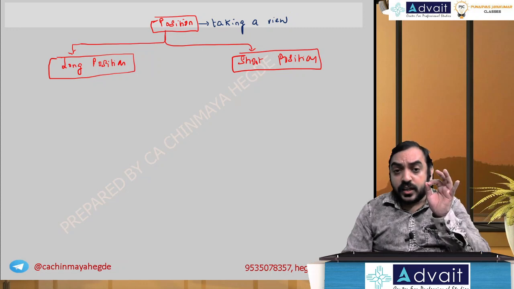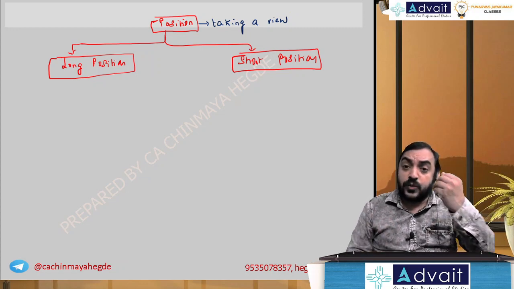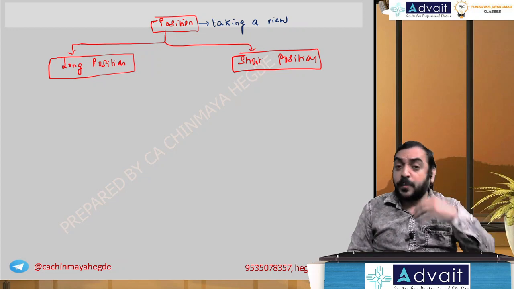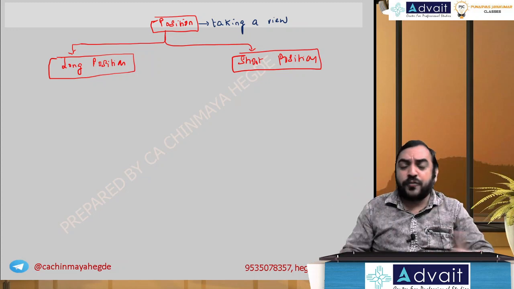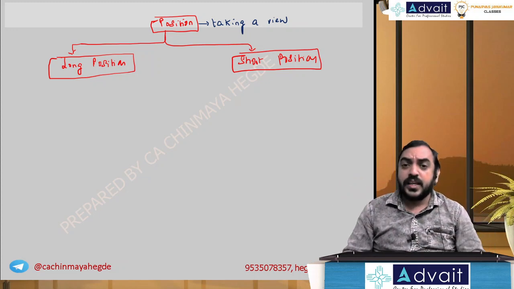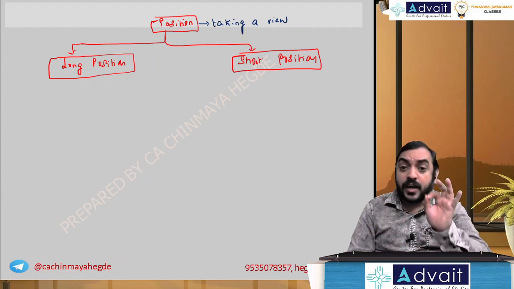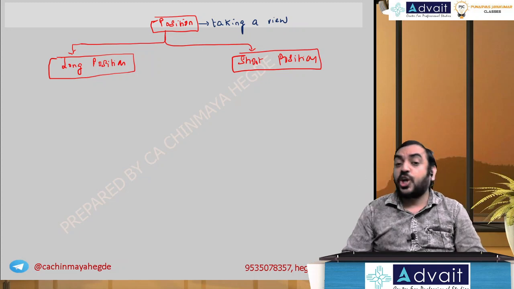So, taking a view: one person will take a view that the market price will go up, maybe overall, or for an individual stock, or for a commodity like gold, silver, oil, copper, everything. If you take a position that the market price will increase, that is called a long position.